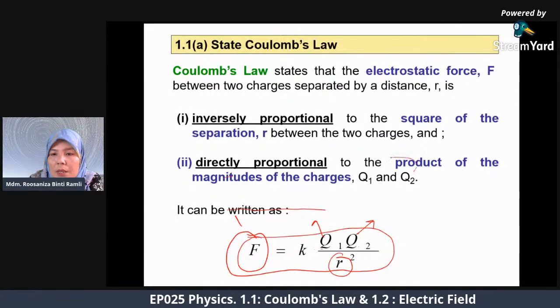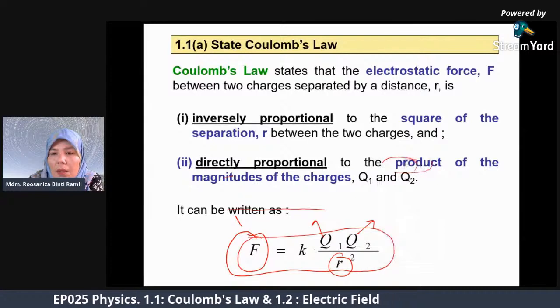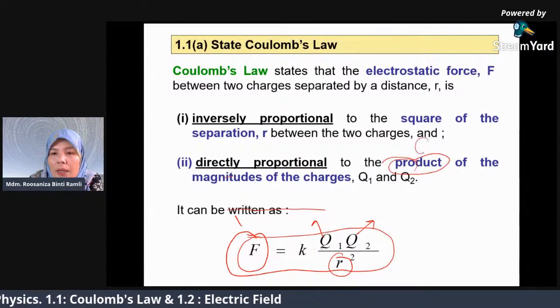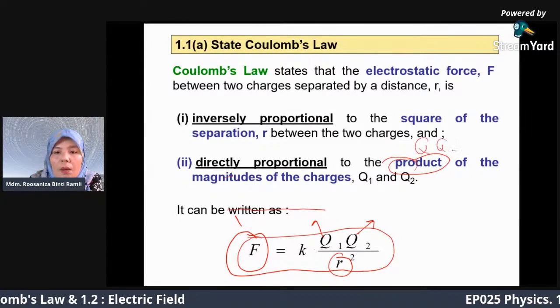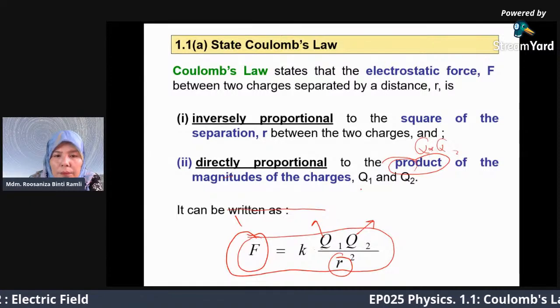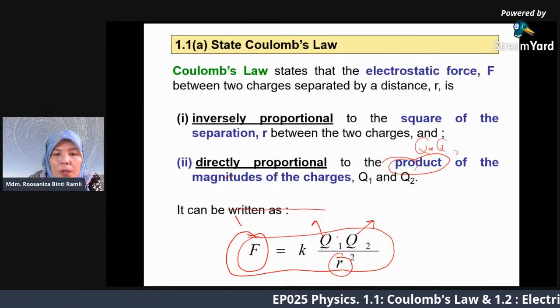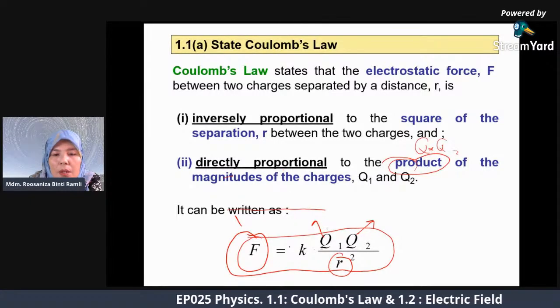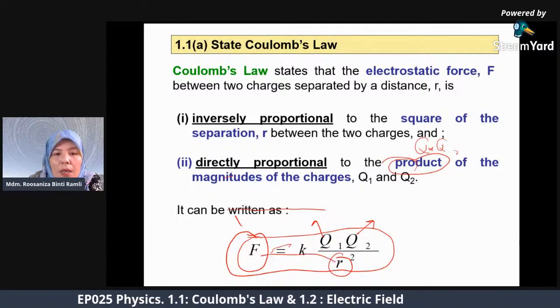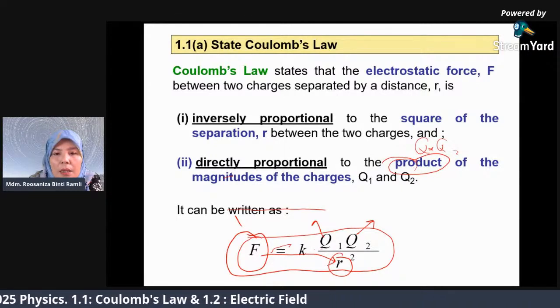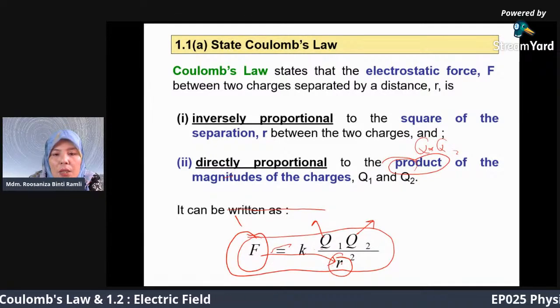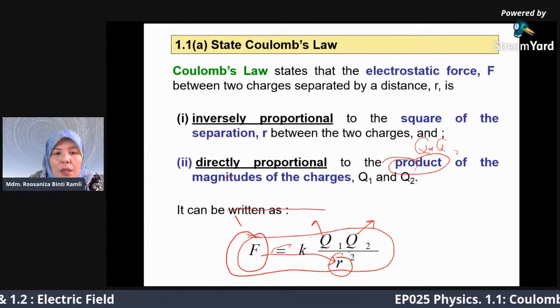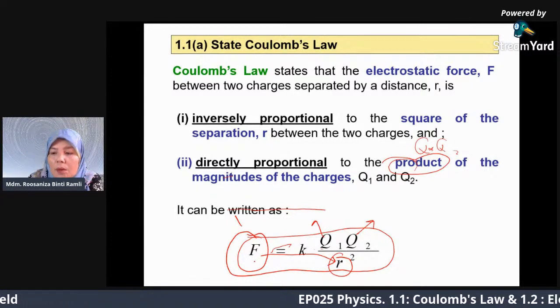Product means Q1 times Q2. And inversely proportional over R square means if the distance between the two charges is increasing, the force will be decreasing.